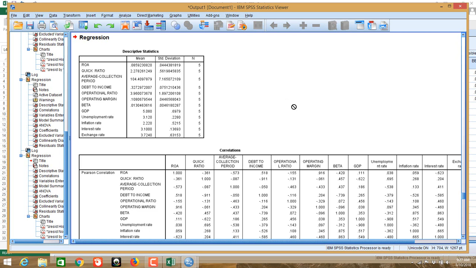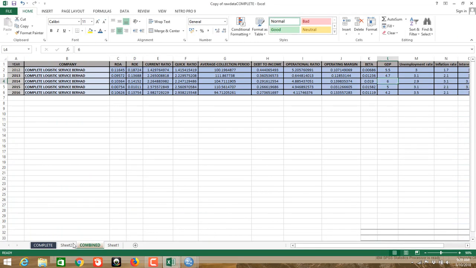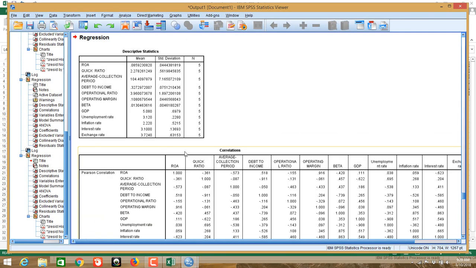If you got this finding, you cannot be so proud of yourself and tell everybody that this industry, I don't know what industry this is, let's see, what company? Logistic company. You cannot conclude that for Malaysian logistic companies operating margin is the influence, because your observation is only 5.